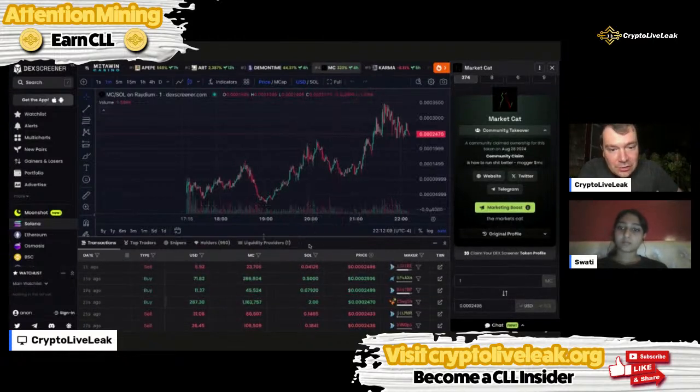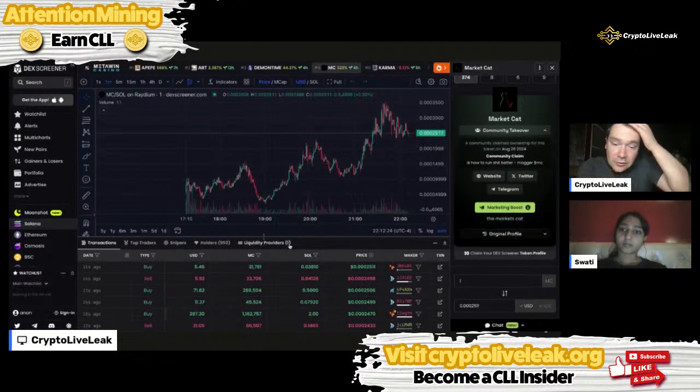Another really cool feature that Dexscreener has is that it allows you to see, on these headers below the chart, the amount of holders that hold the token, and the amount of liquidity providers that are contributing to liquidity within this pool. Interesting that there's only one.